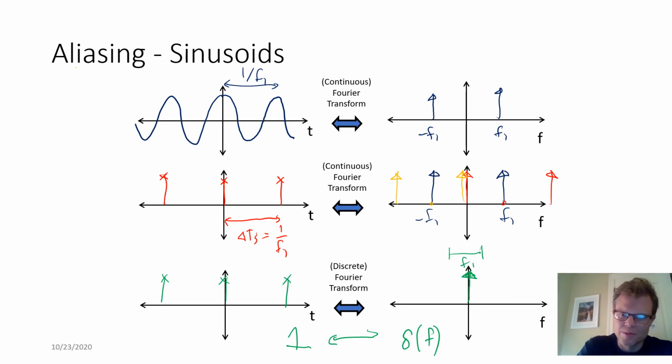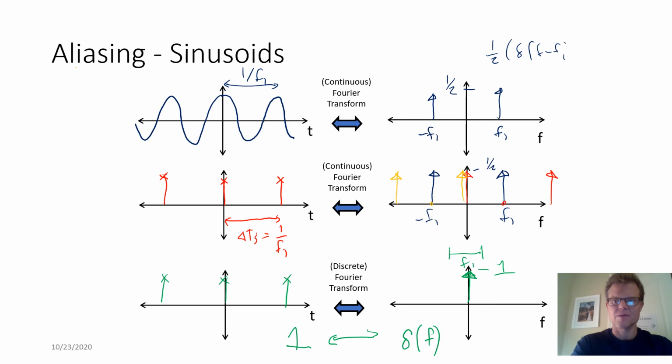And we can actually add a little bit of units here. Note the height of this is 1. Actually, in all these other plots, the height of these delta functions is actually 1/2, because the Fourier transform here is half of delta f minus f1, delta f plus f1. So when these orange and red copies at the middle overlap, they in fact add together to give us a delta function of amplitude 1 in this case.